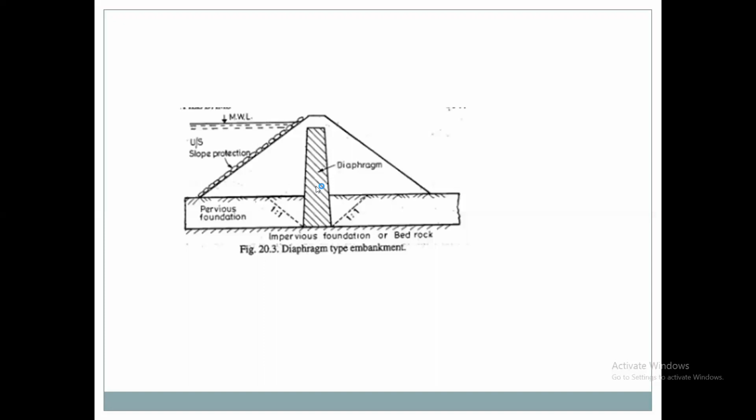The diaphragm is made up of clay, silt, or any impervious material, which is surrounded by coarse gravel, coarse sand, etc. The diaphragm is provided at the center. Therefore, it is called a diaphragm type earthen dam. In this also, upstream slope protection is provided to avoid erosion.